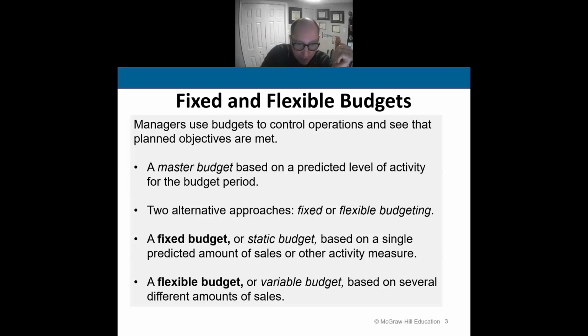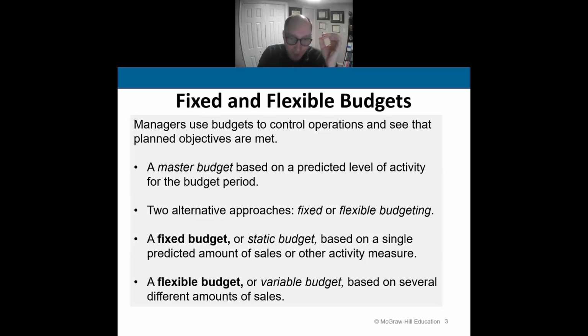Based on those levels of sales, I can adjust my budget based off of where I think I'm going to sell. So I can budget for low, medium, and high for each month, and I can adjust the rest of the budget based off of those levels. That's what's called a flexible budget. I can adjust down, I can adjust up, and it's based off of the expectations.